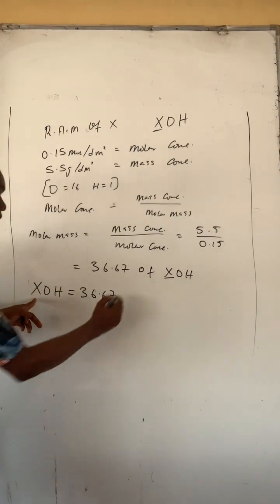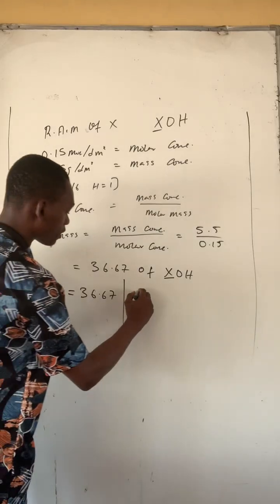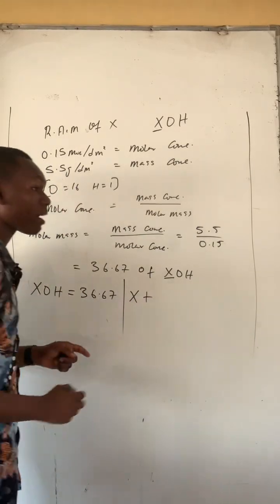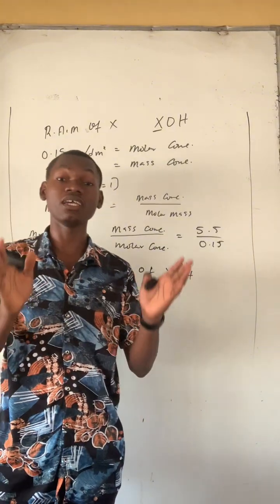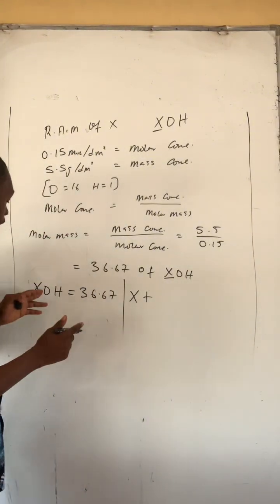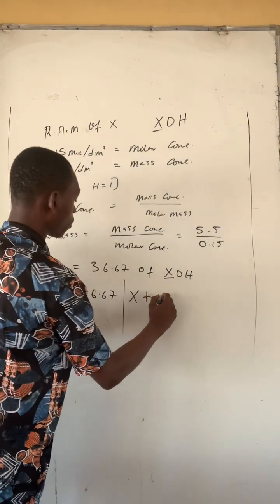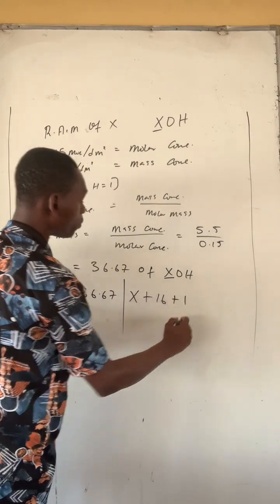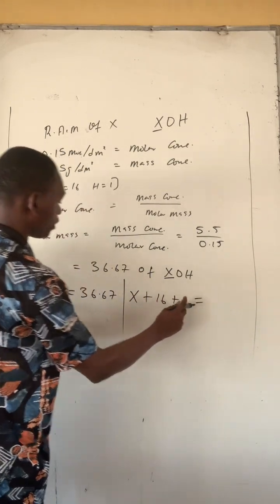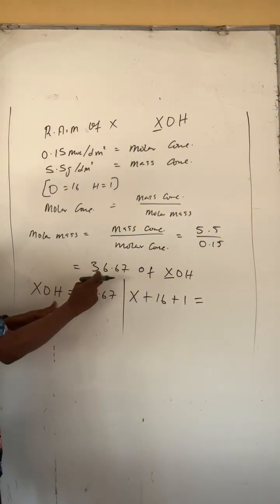Remember, relative molecular mass is the sum of the mass numbers of all the elements present. So X, which we don't know, plus oxygen, which is 16, plus hydrogen, which is 1, is equal to the relative molecular mass.